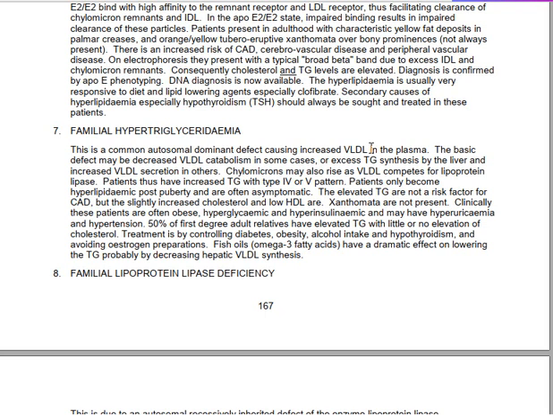And when you have a high level of triglycerides in blood, the major element involved is the very low density lipoprotein. So the very low density lipoproteins are going to be very high, and the basic defect here is decreased catabolism of the very low density lipoprotein, which makes the triglycerides increase.